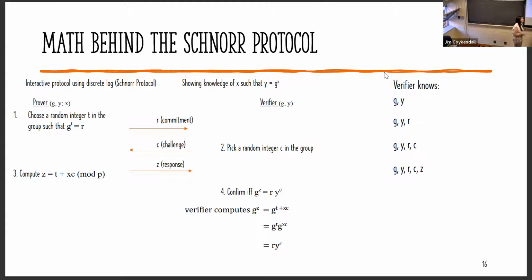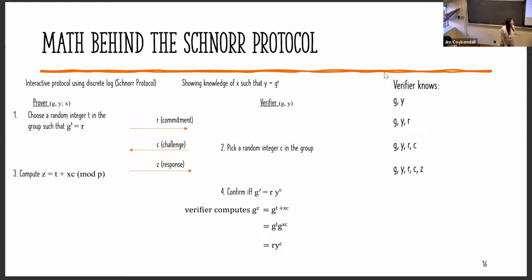The computation that the verifier computes, given this response z, is g to the z, which is g to the t plus xc, which is g to the t times g to the xc. Given that, based on our commitment, g to the t is r, which is known by the verifier, and given our original condition that y equals g to the x, we can substitute in y for g to the x.